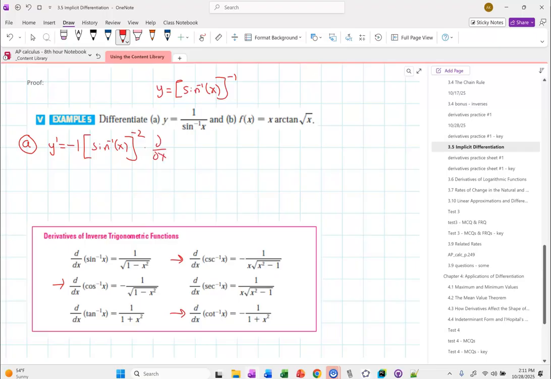Times the derivative of the inside, which is just my shortcut. And I'm done.